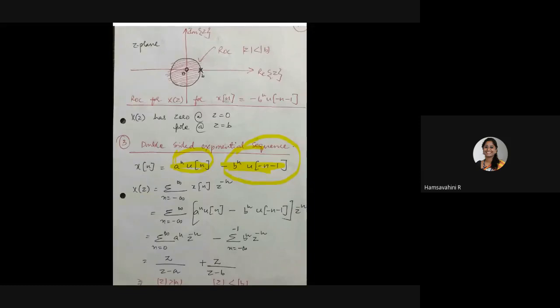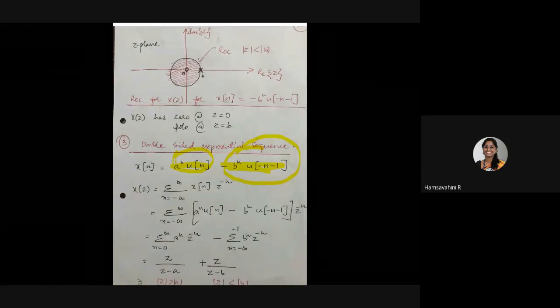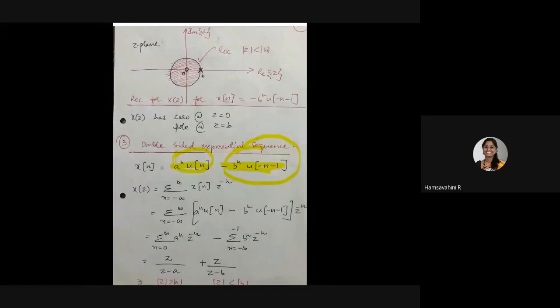It is the combination of the last two problems, positive going exponential and negative going exponential, and we found z by z minus a and z by z minus b as the z transform of these two sequences. Since the first is a positive going exponential, we found the ROC was mod z greater than a. And here this is a negative going exponential, so the ROC is mod z less than b.